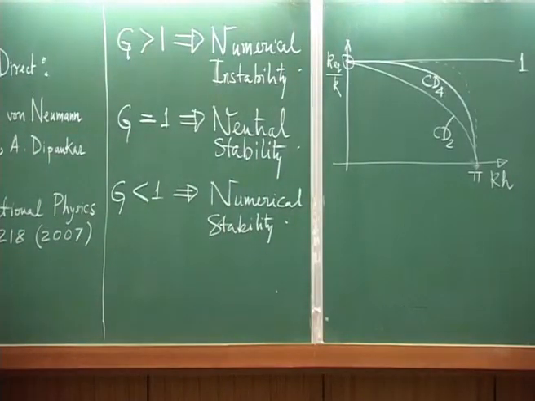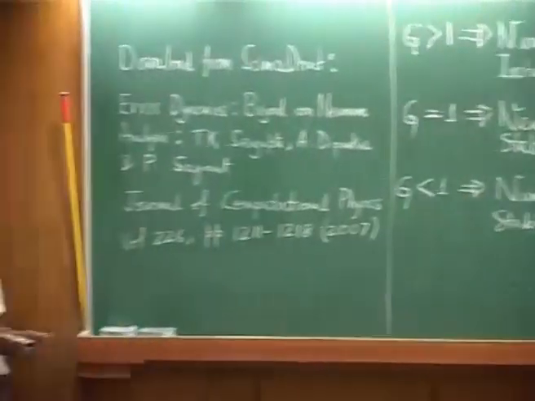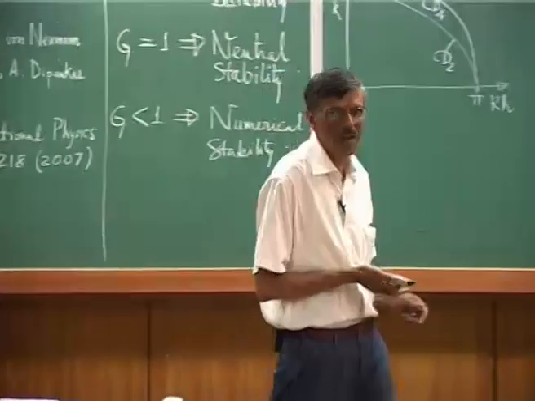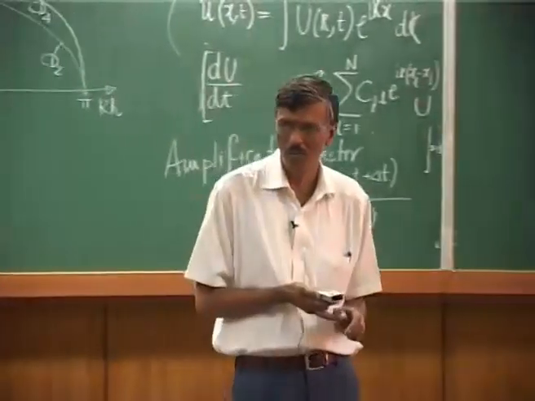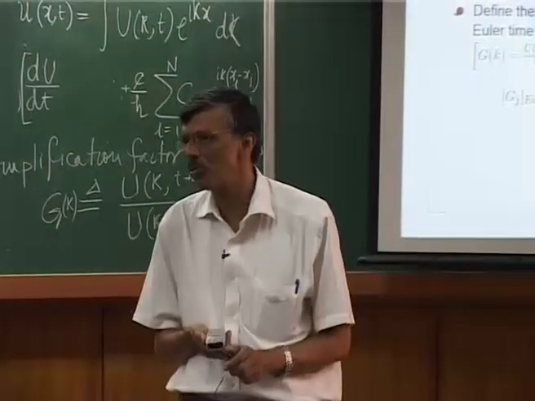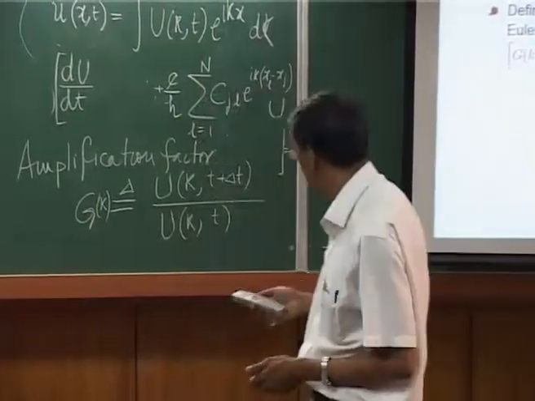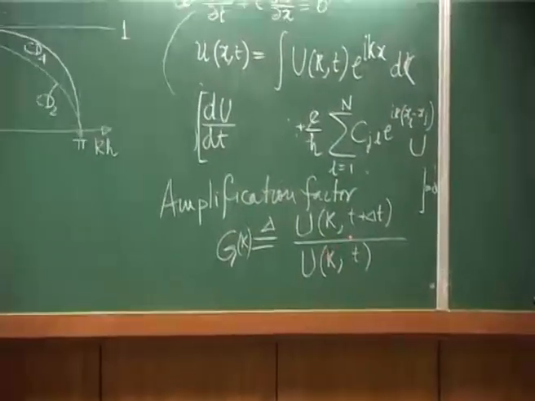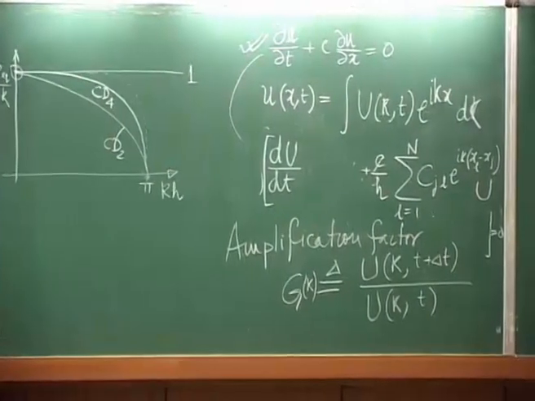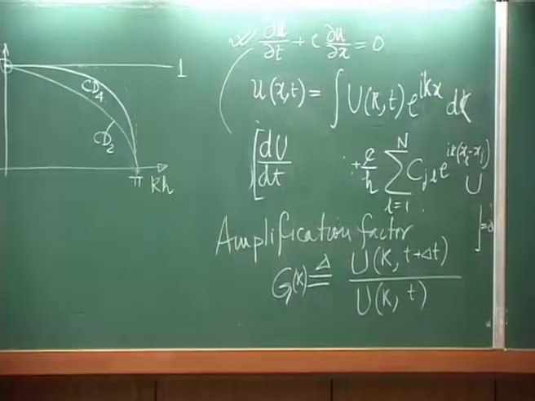Please do understand, there seems to be a lot of misconception among the practitioners of computing in the CFD community. I have noticed time and again, people tend to always think that you must have a stable algorithm. Nothing can be farther from truth. As you can see from the definition here, g should be equal to 1, and it does not matter what equation you are looking at.